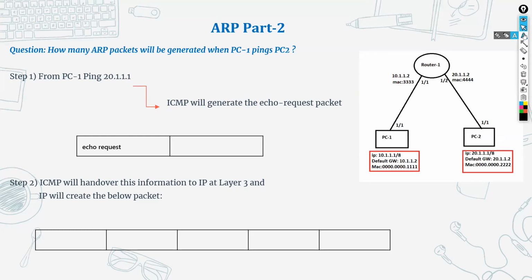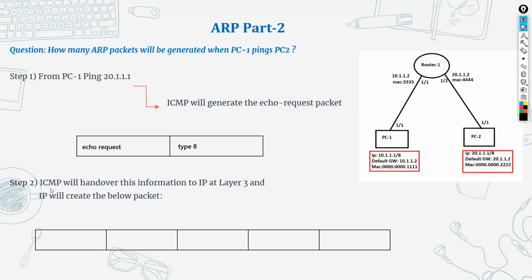And as we discussed in our last section or previous video also, there will be a type code for echo request, which is 8. So this particular information will be generated by the ICMP protocol for the echo request.